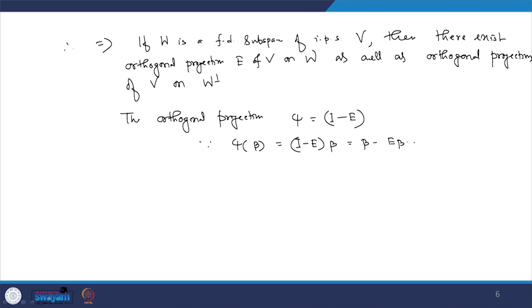So, we have now seen that if V is an inner product space and W is a finite dimensional subspace of V, then there is an orthogonal projection of V on W as well as on the orthogonal complement of W.